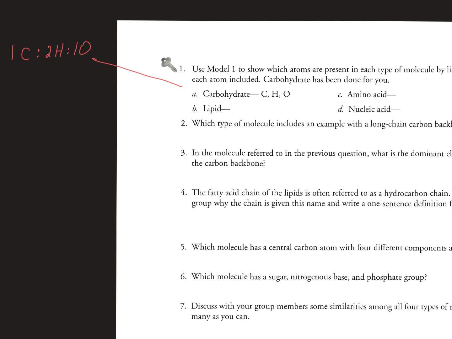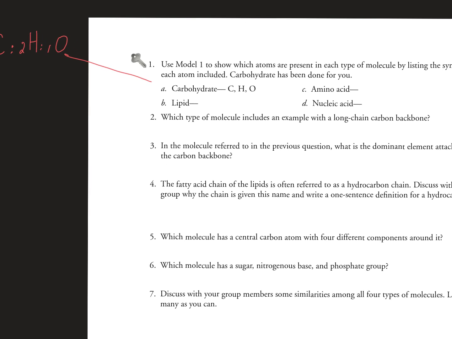So for every one carbon, you're going to have two hydrogens and one oxygen. So remember that, 1 to 2 to 1 ratio.